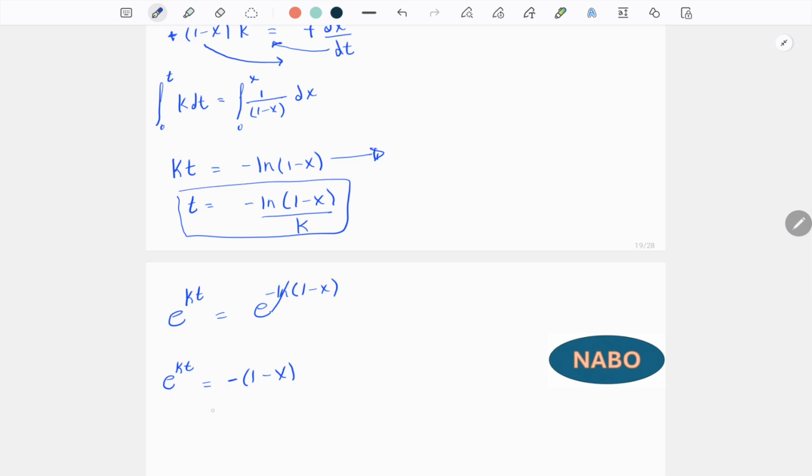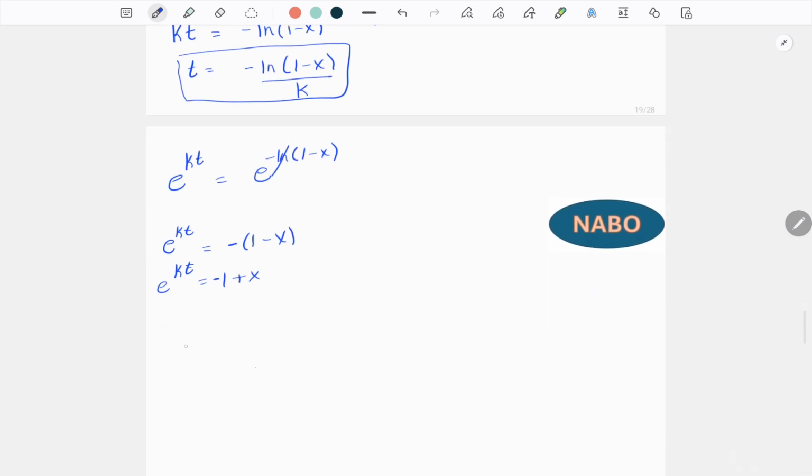If we take the negative into the brackets, it will be negative 1 plus x, and the left side will be e to the power of kt. Okay? Therefore, x equals e to the power of kt plus 1. And that is your function of x in terms of time.